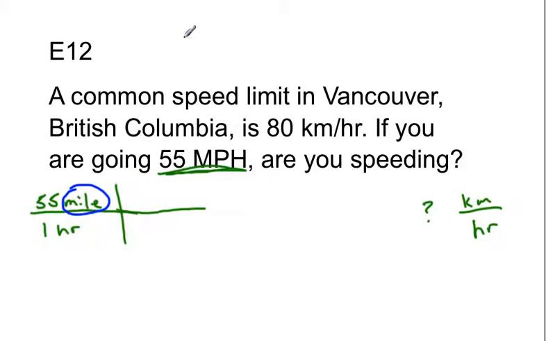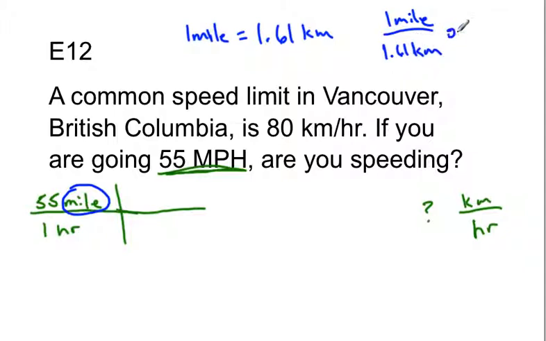I think if you have 1 mile, you have, and look this up, about 1.61 kilometers. Or you could say, well, I don't know the other one off the top of my head. So I'm just going to stay with this one. So I can write it as a ratio, 1 mile over 1.61 kilometers, or we can write it 1.61 kilometers over 1 mile.